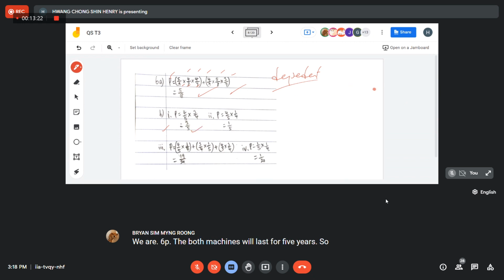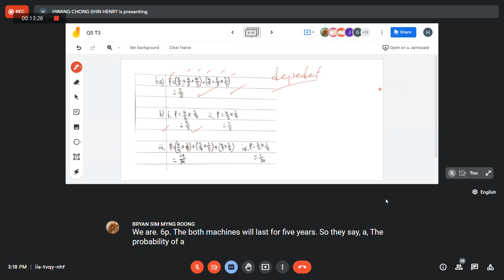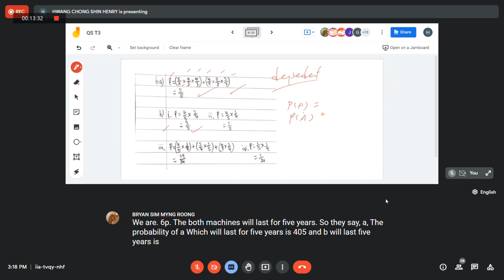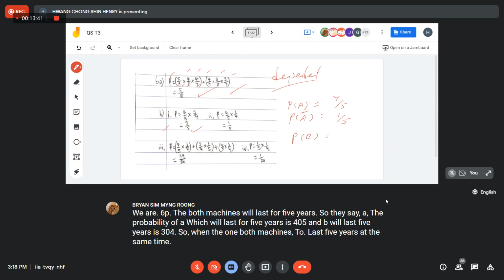The probability that machine A lasts 5 years is 4/5, and machine B lasts 5 years is 3/4. When they want both machines to last 5 years at the same time, then 4/5 times 3/4, then I get 3/5.